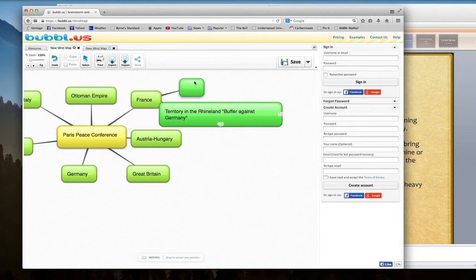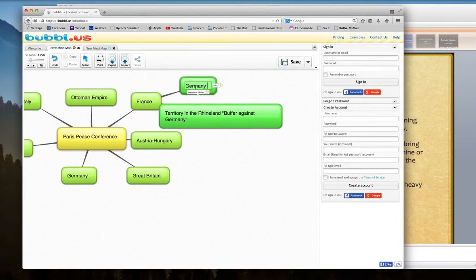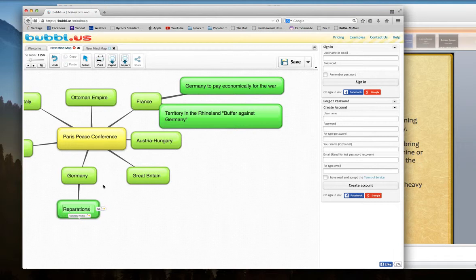Yep, and they wanted Germany to pay economically for the war. And then since we're on the topic of Germany, we can just go down here and add reparations, or payments to allied countries. Okay.